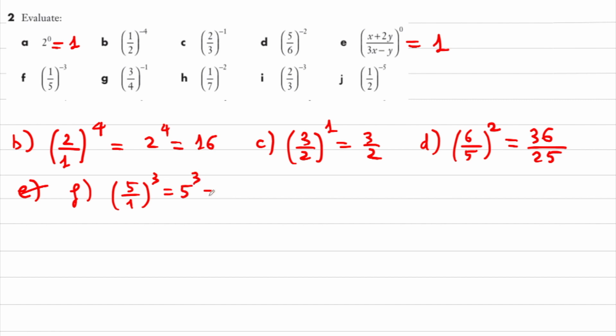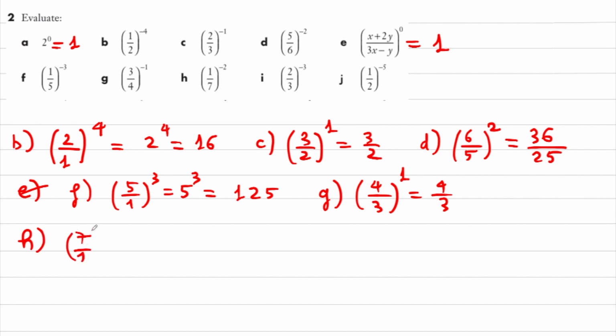5 to the power of 3, 5 cube is 125. Question G, you got 4 divided by 3, and then you got 1. It means 4 over 3. Question H, 7 over 1, right? And square outside, change from minus 2 to 2. So 7 square means 49.